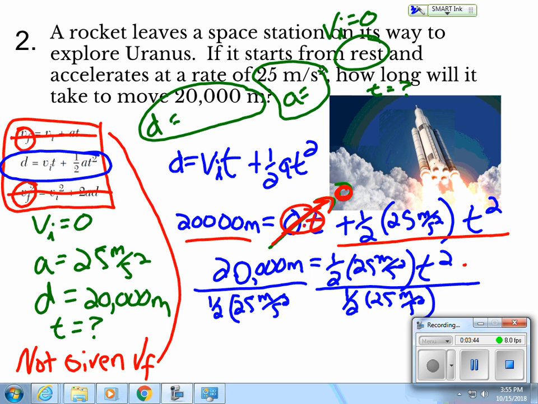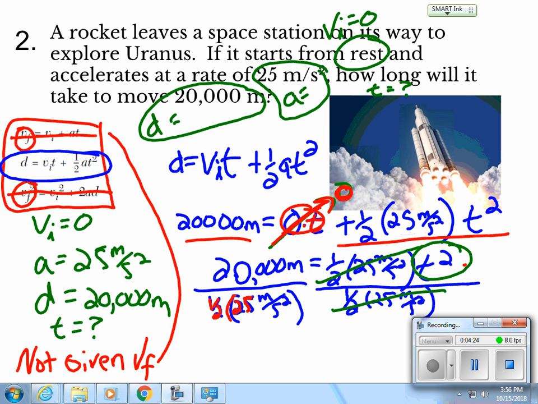On this side, this cancels out, so I'm just left with T squared. On the other side, I get 20,000 divided by 1/2 times 25 meters per second squared. If you multiplied the 1/2 by the 25 first, it's 12.5, and that would be fine. So you can just divide through.